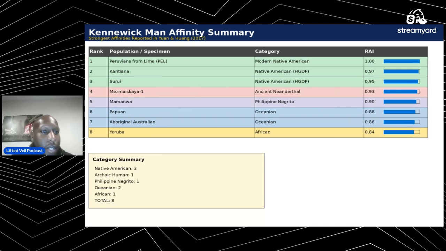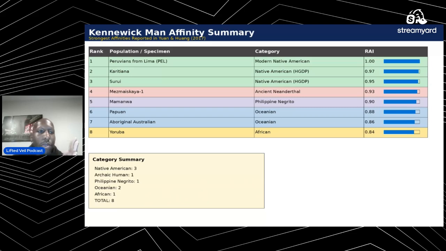You have the Kiritiana second, the Surai, I think I'm pronouncing that right, third, Mesmakaya fourth, the Mamanawa, which are Philippine Negritos, fifth, Papuan sixth, seventh is Aboriginal Australians, number 8 is Yorubans.